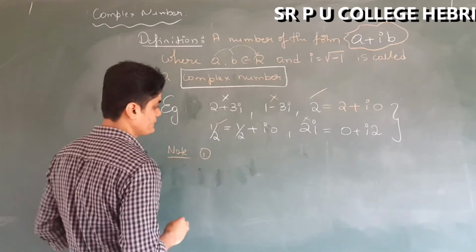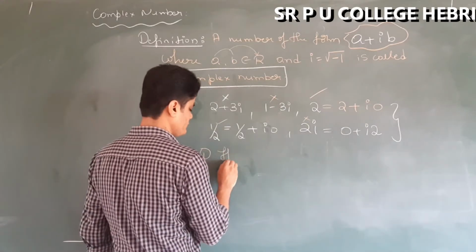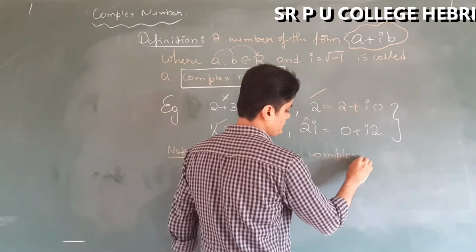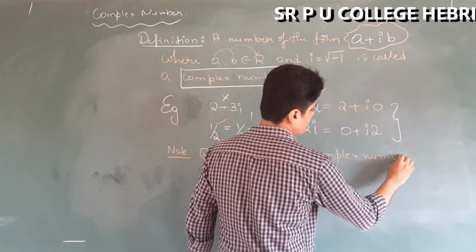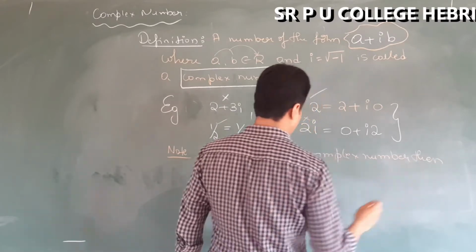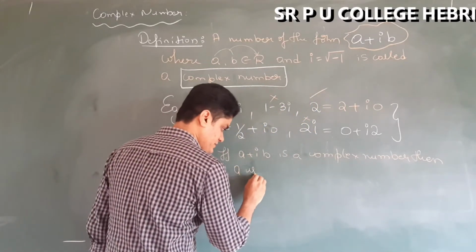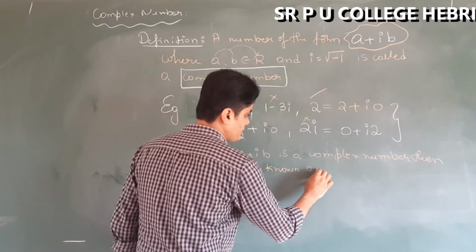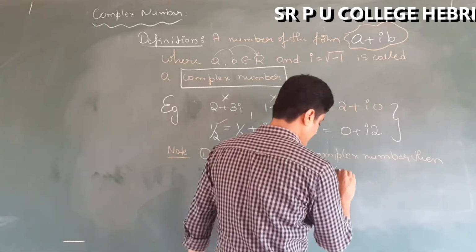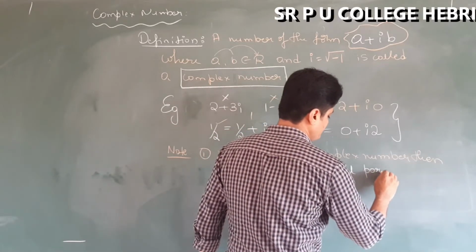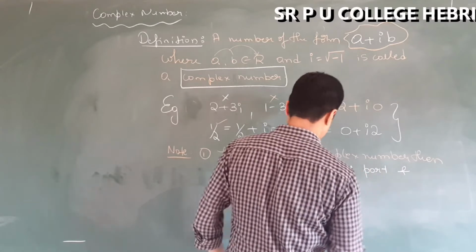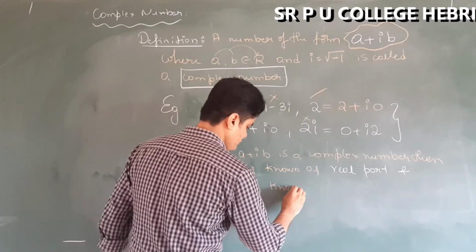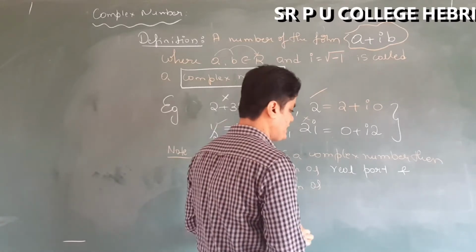Note 1: if a plus ib is a complex number, then a is known as the real part, and b is known as the imaginary part.